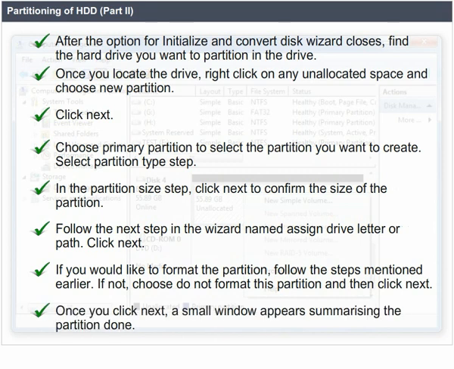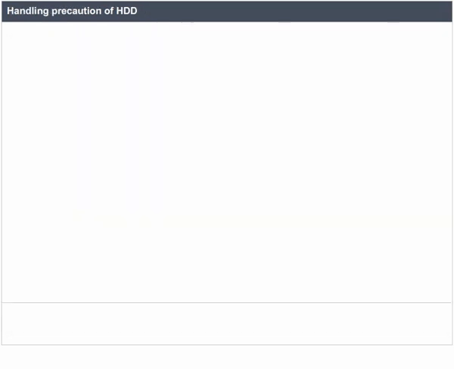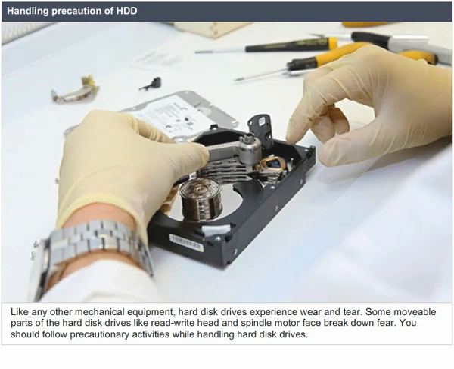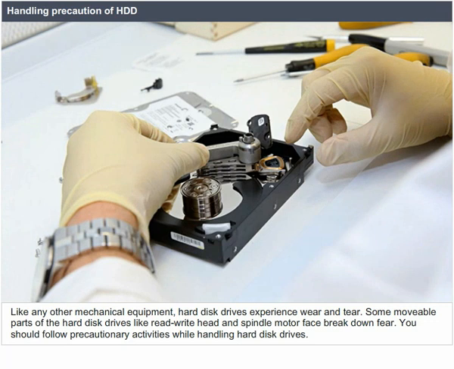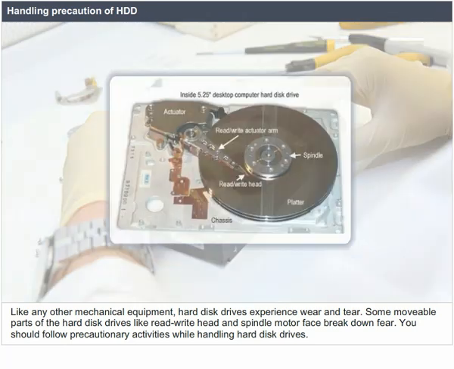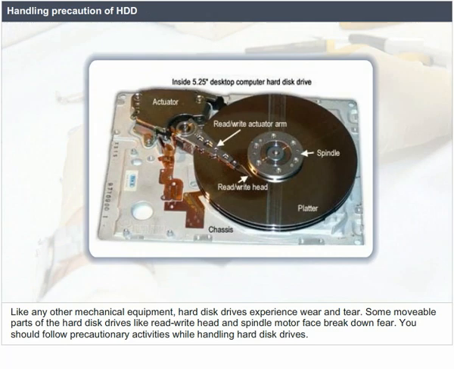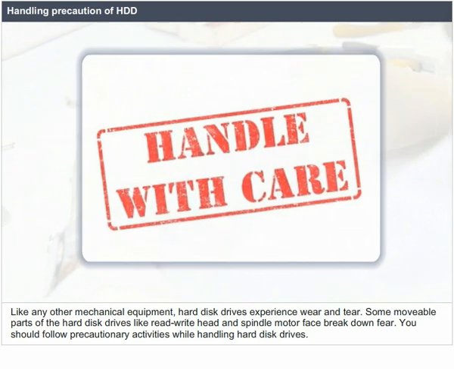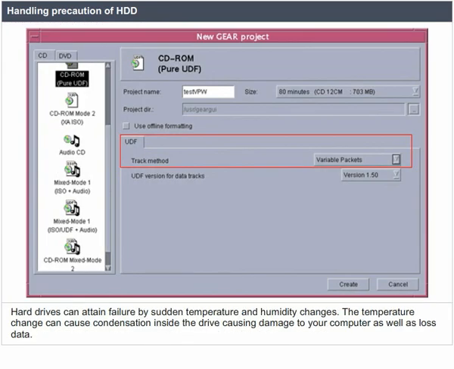Handling precautions of HDD. Like any other mechanical equipment, hard disk drives experience wear and tear. Some movable parts of the hard disk drives, like the read-write head and spindle motor, are susceptible to breakdown. You should follow precautionary activities while handling hard disk drives. Hard drives can fail through sudden temperature and humidity changes.